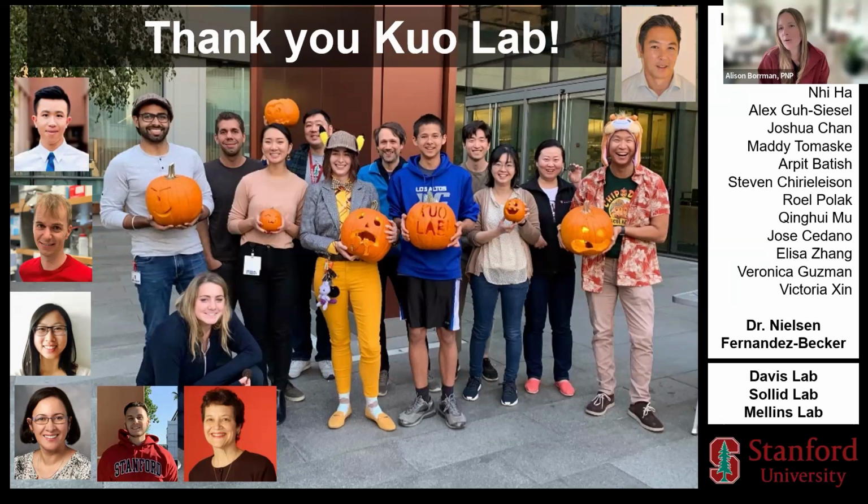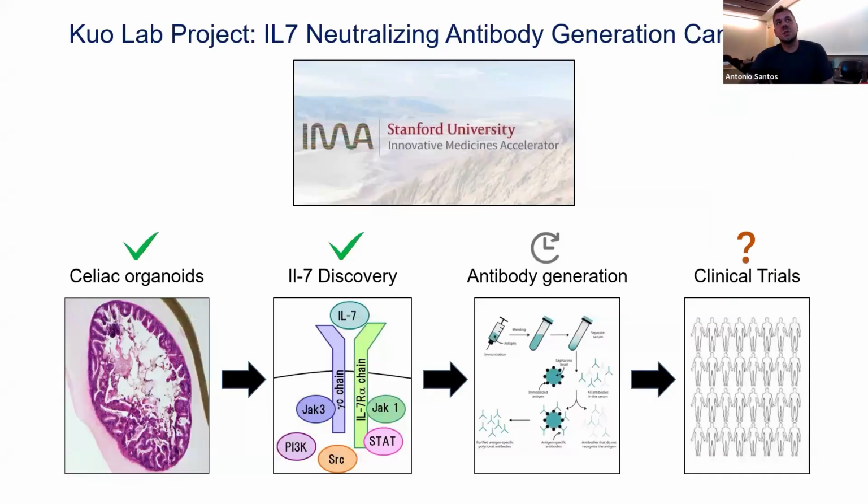Another question is, how well accepted are organoids for clinical trials? For instance, our strategy is that the IMA is going to create an antibody against IL-7, and then I'm going to go back to my organoids and test whether the antibody can prevent activation of the immune cells and thus prevent the destruction.